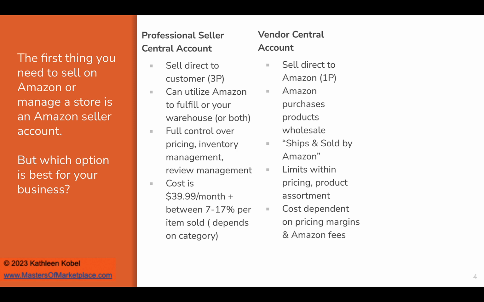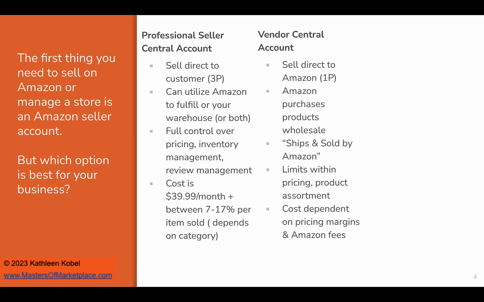So you'll see this relationship with a business when the listing says ships and sold by Amazon. So it's a little bit of a different structure and management, but there are some limitations within pricing and product assortment and a few other items, but those are the biggest ones, right? So when you're selling direct to Amazon, you don't have control over the price that item gets sold to the customer.